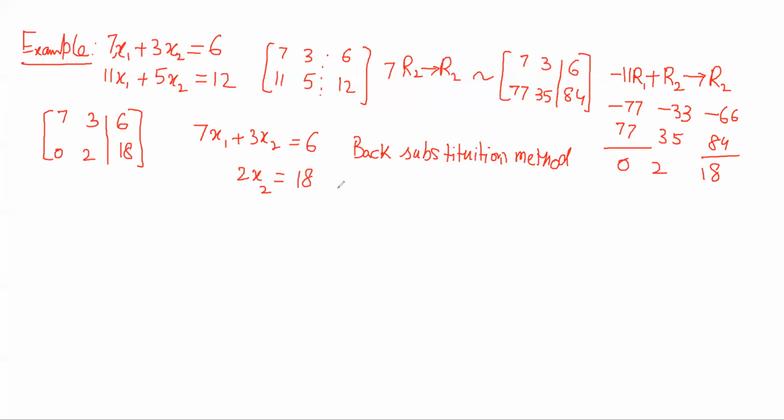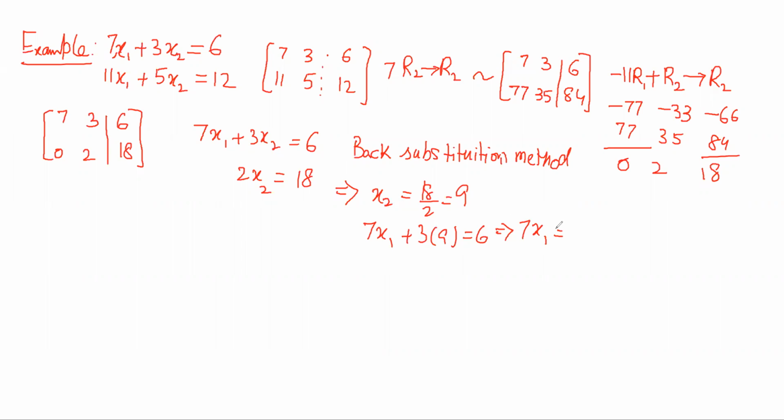For the back substitution, from here we can find x2 is equal to 18 divided by 2, that is 9. Then we back substitute x2 into this: 7x1 plus 3 into 9 is equal to 6. So 7x1 will be equal to 6 minus 27, which is minus 21.